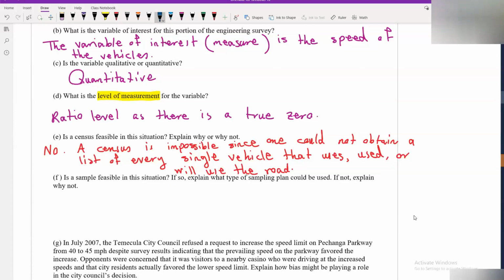Yes, it is feasible, and the sampling plan that could be used is systematic sampling, because we don't have a complete frame.